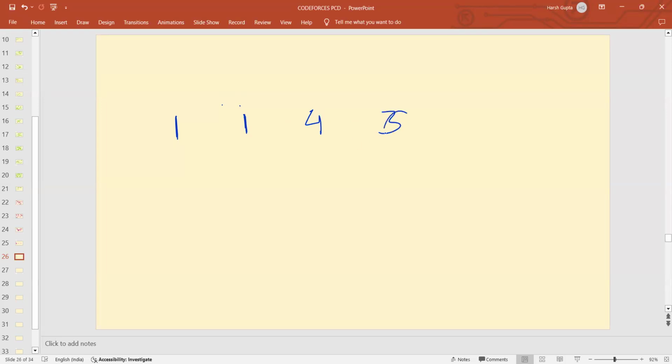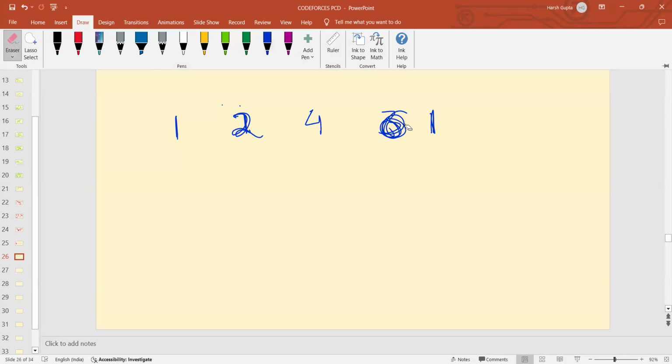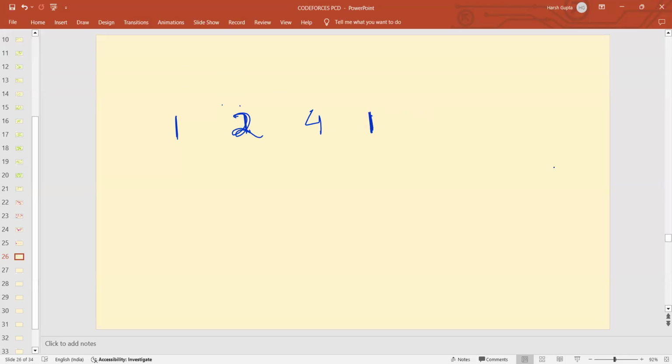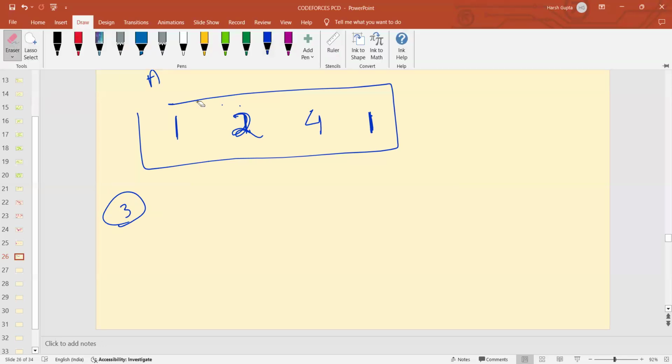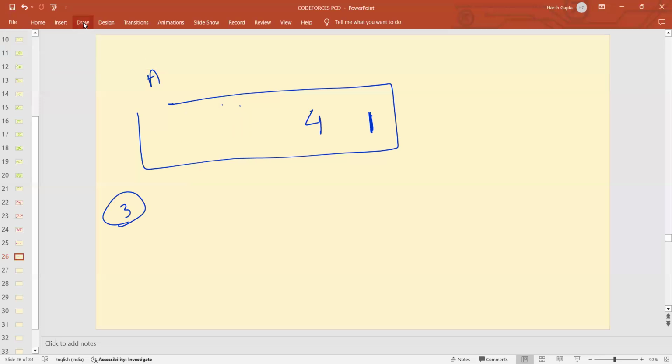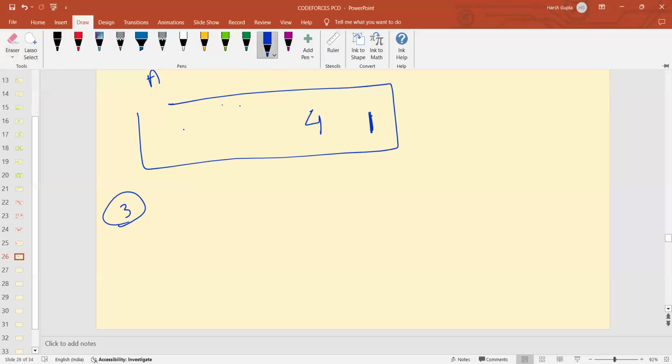Or let's suppose I take this as 2 and this as 1. If I take this and tell you that this is an array A, and I want to construct a subsequence of length 3, what is the first thing that comes to everyone's mind? Let's change this example a bit more so that things will become clear. So let's take this as 2 and 3.